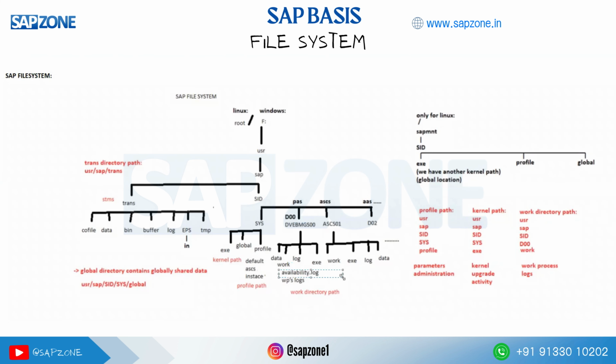When your system is up, when your system is down, that information is recorded in the availability log. And work process logs, all work process related logs, are there at the work directory path. That is the reason I specially mentioned the work. And this is also a kernel directory.